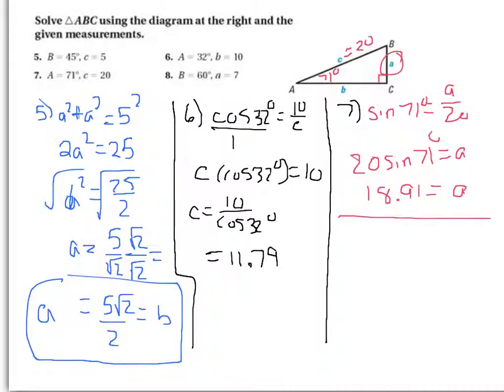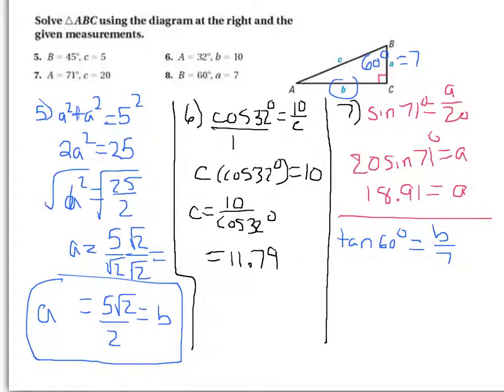So let's look at 8. You have B is 60. A is 7. So I'm going to find B. Tangent of 60 degrees equals B divided by 7.